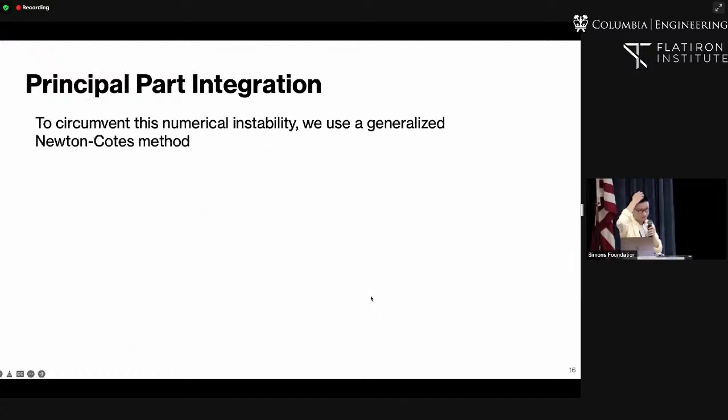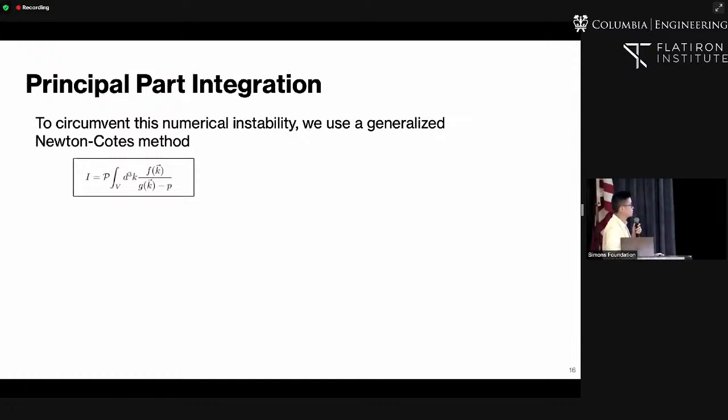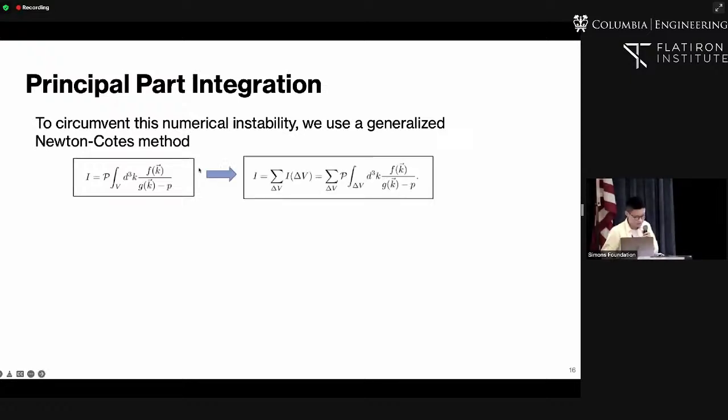So how did we solve this difficulty? Basically, we first look at our expression, and we realize that all the possible integrals can be cast into this simple form. There is a function of k in the numerator, and another function of k in the denominator, and this minus p will basically dictate where the poles are. Then we have a numerical grid, and we split the integration into each integration region.